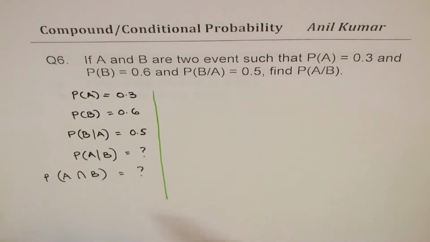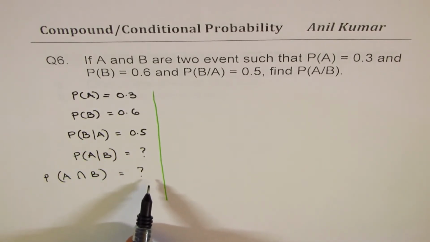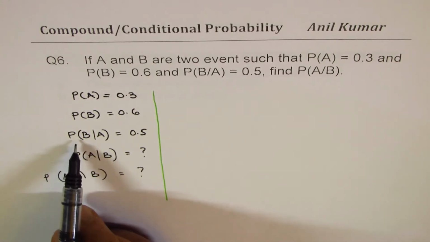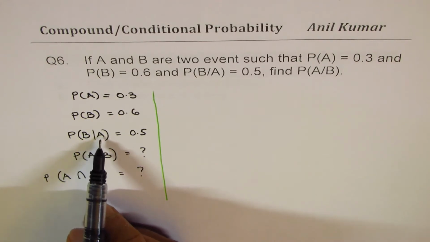So this is the first step. Once we do that, we can get the result. Now, we know the probability of B happening when A has occurred.